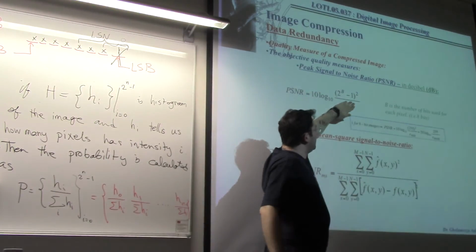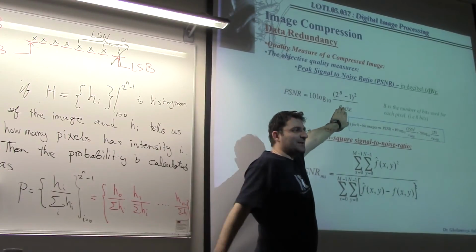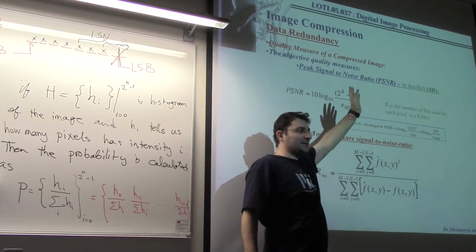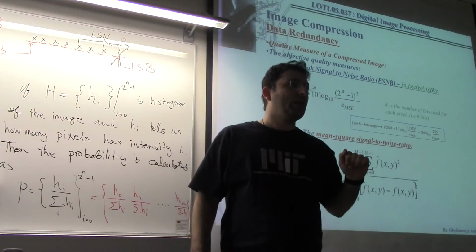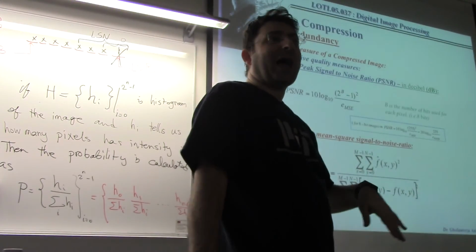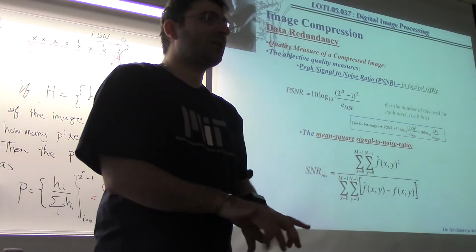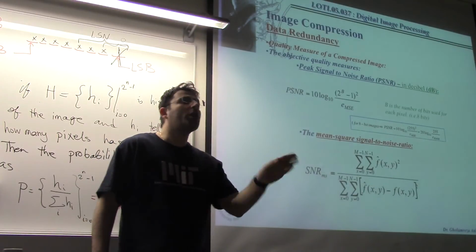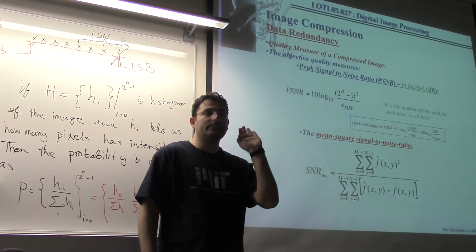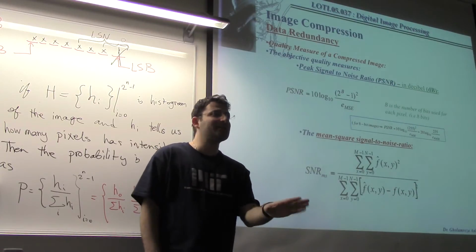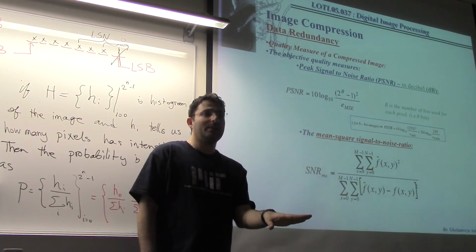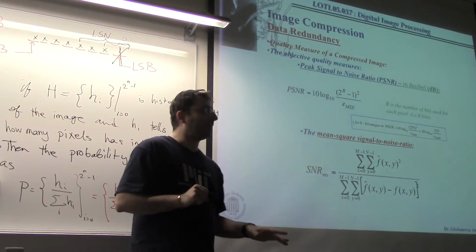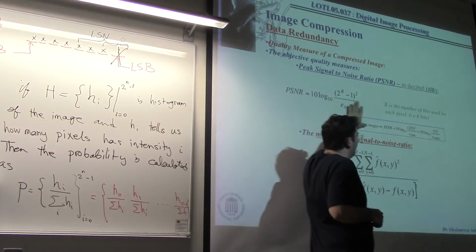If MSE is equal to 0, meaning a lossless method, a perfect match, we have a division by zero giving infinity, and log of infinity is infinity, so PSNR will be infinity. So if you are writing code and calculating the PSNR and you see infinity at some point, it means you are not losing anything. If you didn't expect that, maybe there is some problem in your code, because maybe you wanted to change something and it means you didn't manage to change it. We use this formula quite a lot.